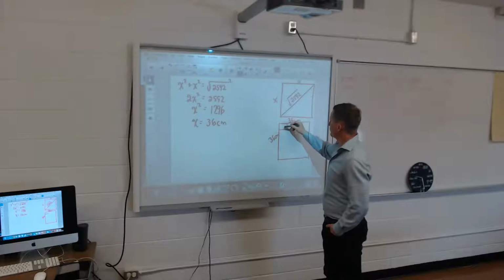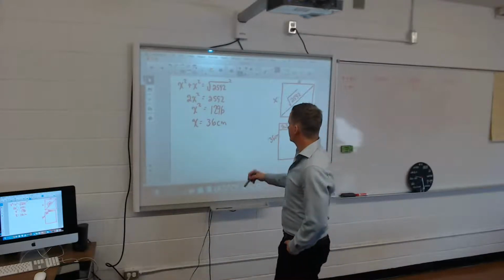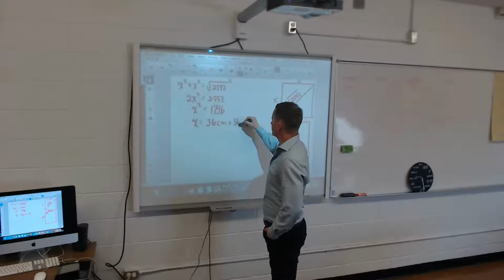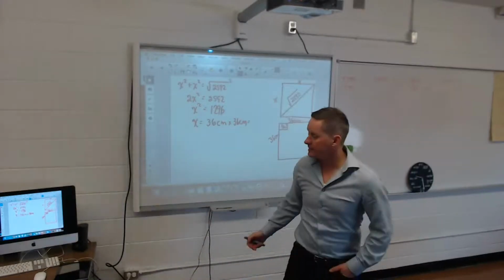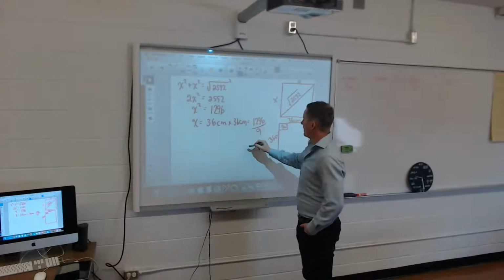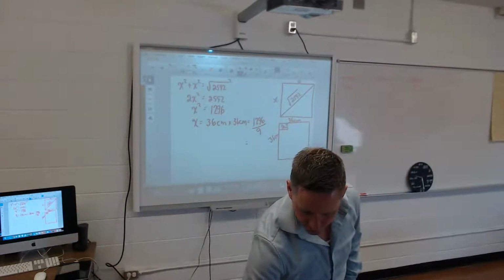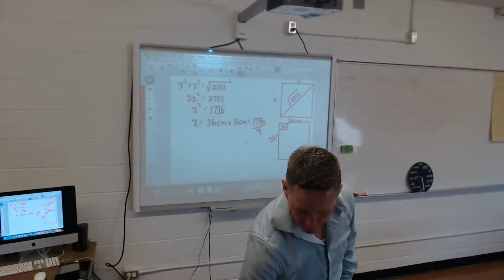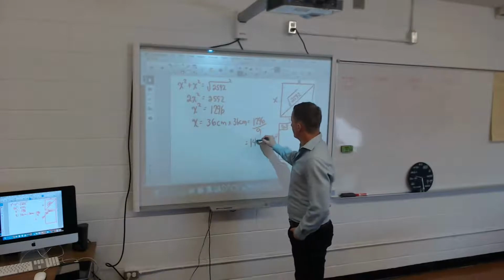And I know that one of those squares is 9 centimeters squared. So I take 36 times 36 to get my area, which is 1296. And then I can divide that by 9 to find out how many of those squares there are on there. And we get 144 squares.